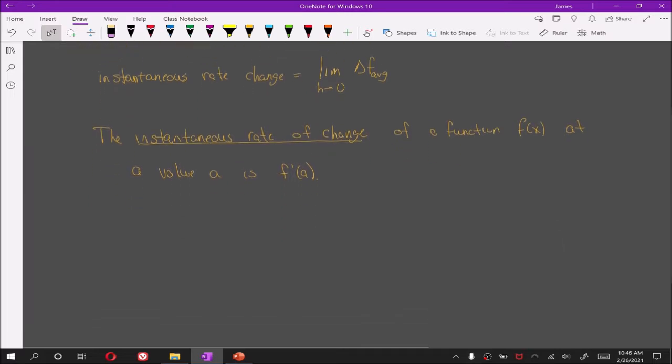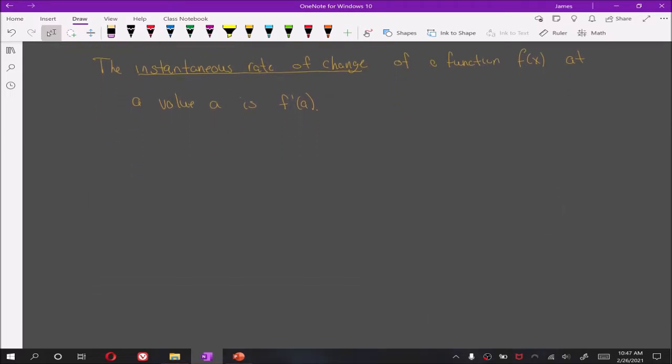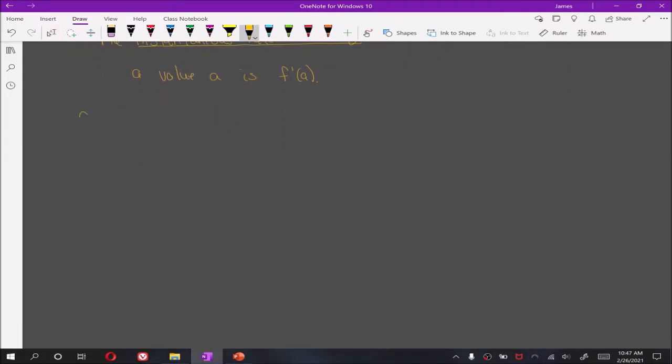Now let's consider an object that is in motion. We're only going to consider one-dimensional motion here, so it's moving along a straight line. Multi-dimensional motion will be studied in Calculus 3.